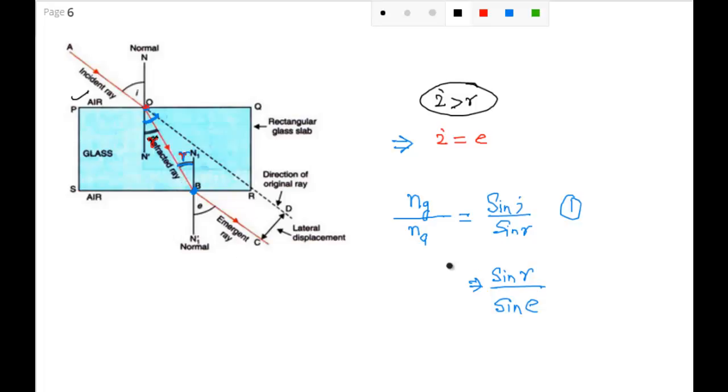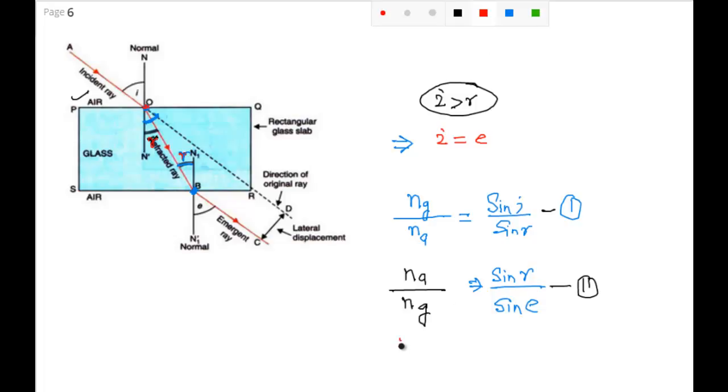And what will be the ratio? It is moving from denser to rarer, so first it will be air: refractive index of air upon refractive index of what? Glass. Now this is your equation 2, and this is your equation 1. Just multiply equation 1 and equation 2.